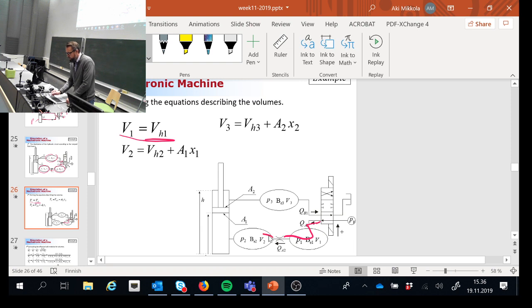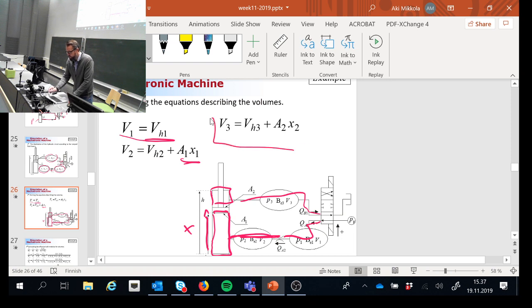The second one is a variable volume because the piston can go up and down, and it's measured by x. x multiplied by the corresponding cross-section area gives the volume associated with this part, which is then added to the hose line connected to the cylinder. Then I have the volume associated with the piston rod side plus the hose connecting that to the direction valve. That's my volume number 3.